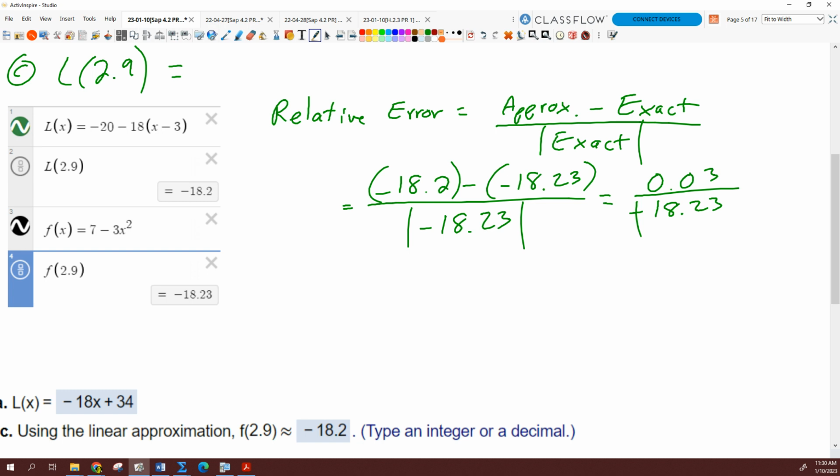And that's going to give us a small positive value, right?